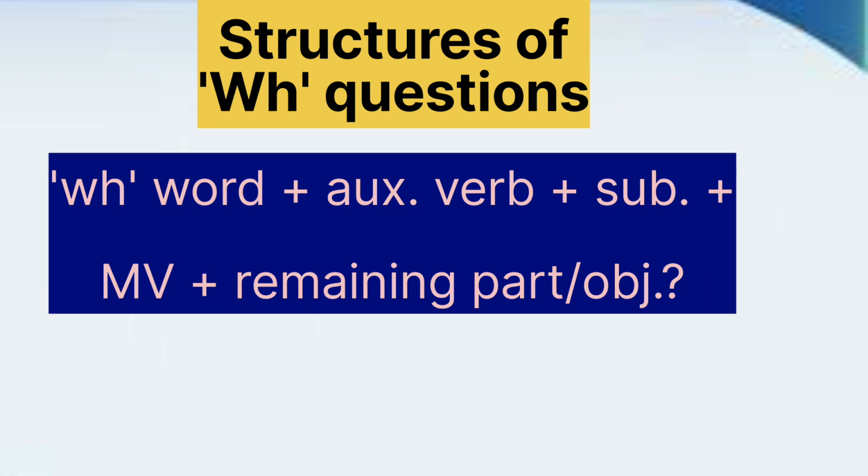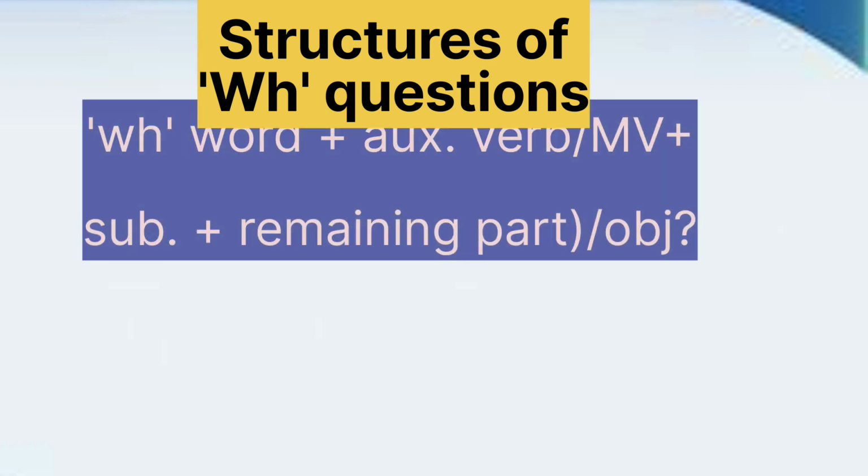But in the case of how much, how many, which, and whose, we need to use a noun after the WH word. That means the WH word will be followed by the noun. For example, WH word plus noun plus an auxiliary verb plus subject plus main verb plus remaining part of the sentence, and at the end you have to put a question mark.